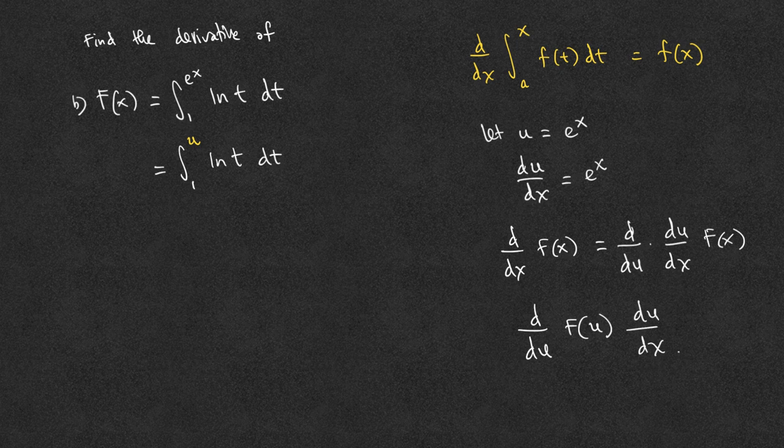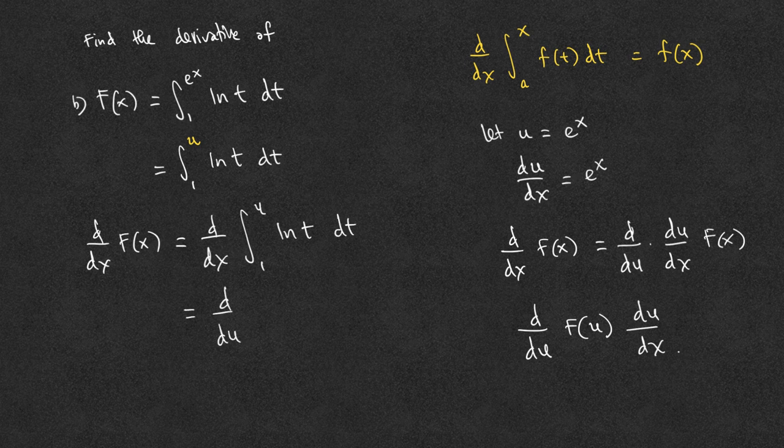This means that if we were to take the derivative of this with respect to x, then the right hand side is d dx of the integral from 1 to u of ln of t dt, and this is d du of the integral from 1 to u of ln of t dt times du dx.